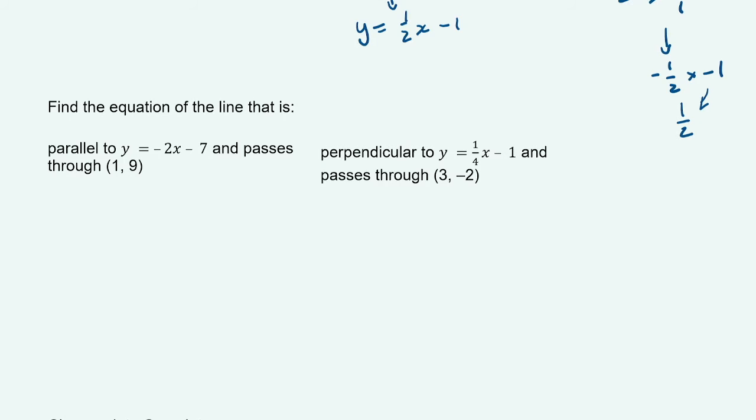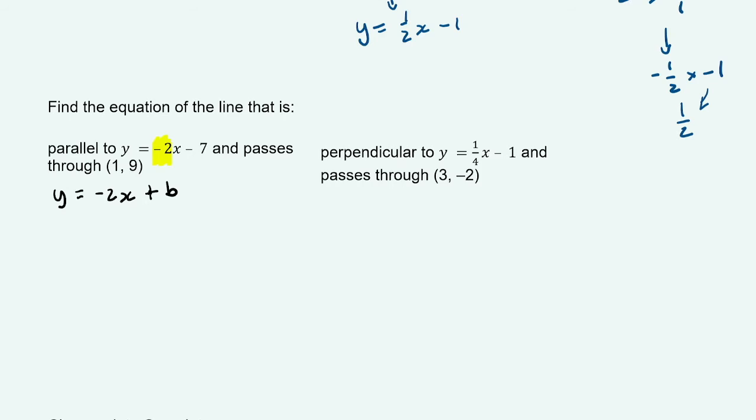So we don't want to have the minus 7 in there, so we don't need that bit, but we do need this. So I'm going to rewrite my equation as y equals minus 2x plus b, because we want to get a new y-intercept, and that y-intercept has to match up with the line that goes through 1, 9.